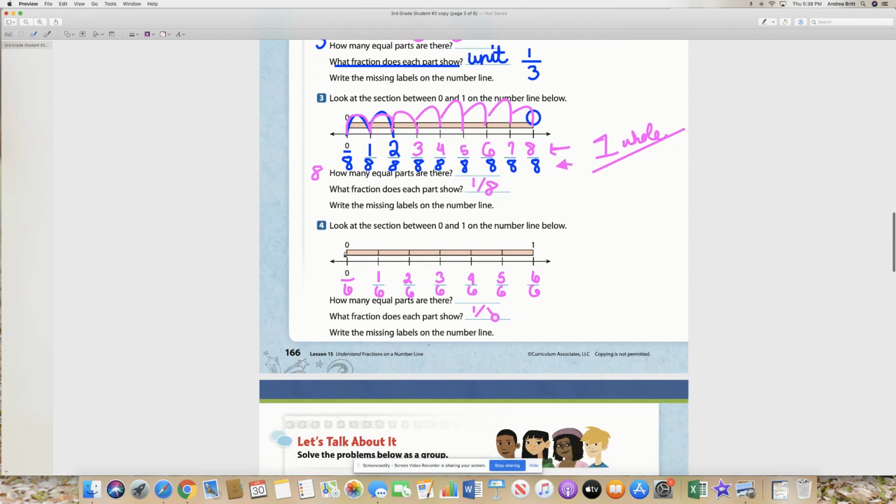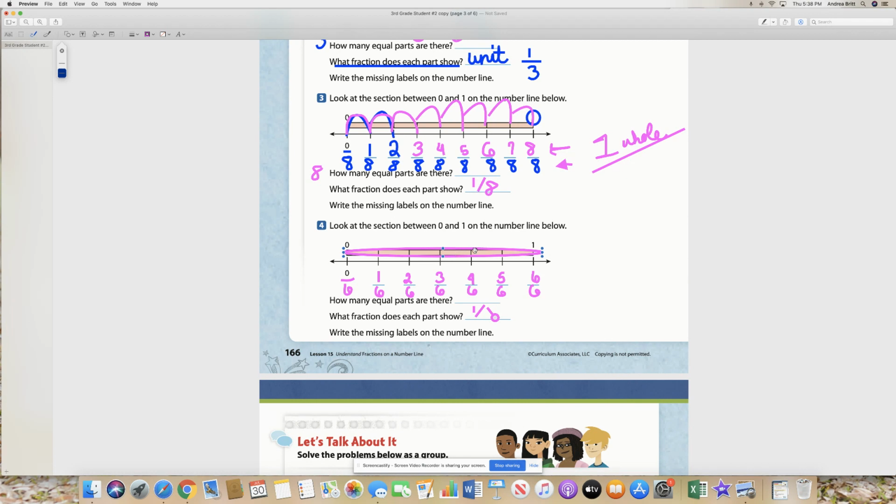Well, this shape right here is something they put on here for a reason. They put it there because you guys have been learning about fractions using models. And that's a terrible rectangle, but you get the point.